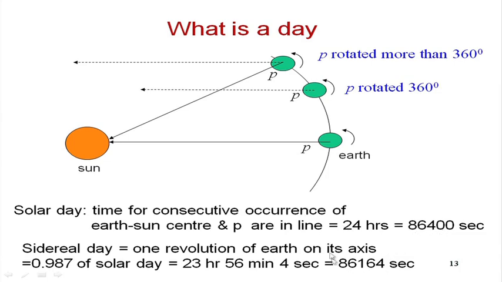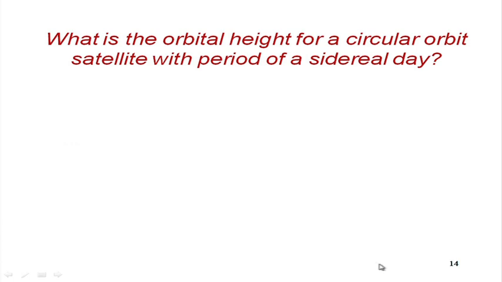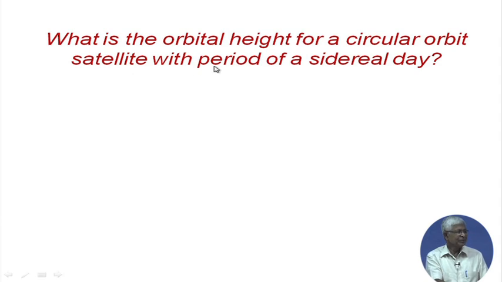Now, in this process what we have learned is that if we use this time period, which is one revolution of the earth, 360 degrees, we can get the orbital height. So, what is the orbital height of a circular orbit satellite with a period of one sidereal day, that is one revolution of earth?